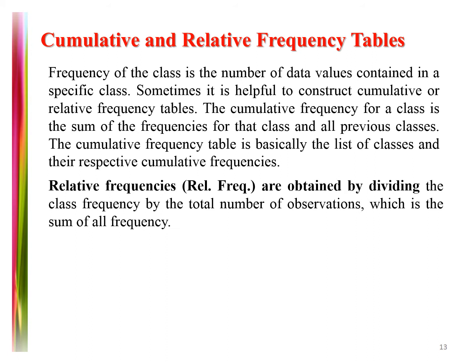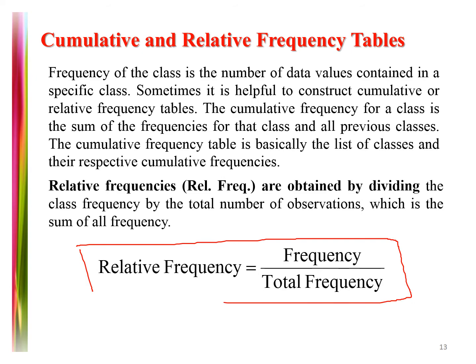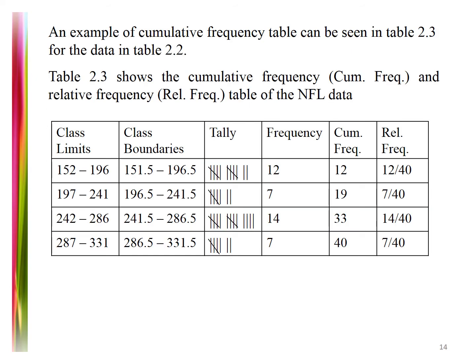So maybe later we will discuss the calculation. The relative frequency is equal to the frequency divided by the total frequency. And this is the example. The first cumulative frequency is equal to the first corresponding frequency.